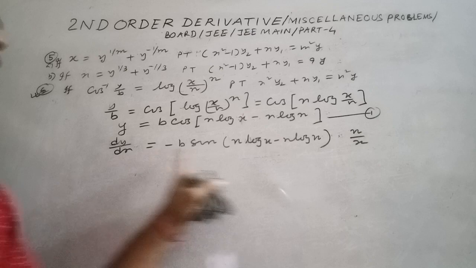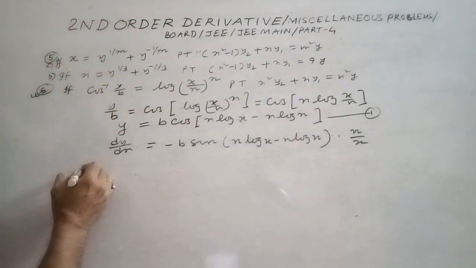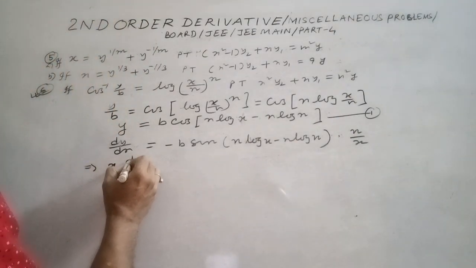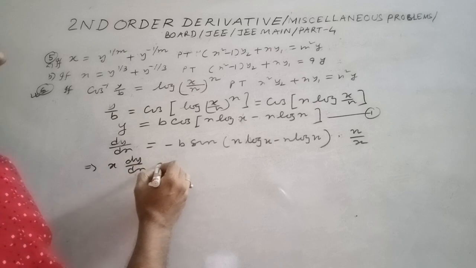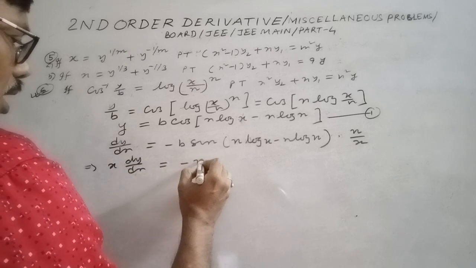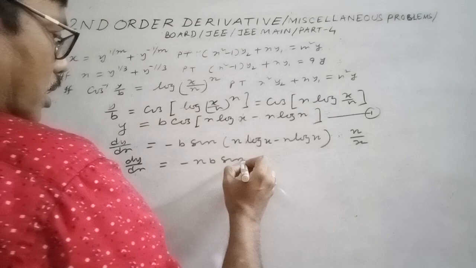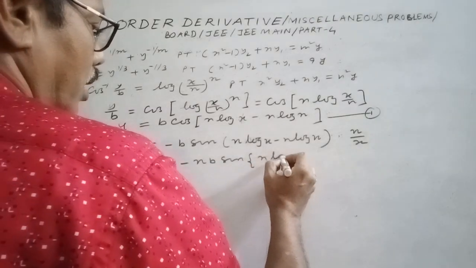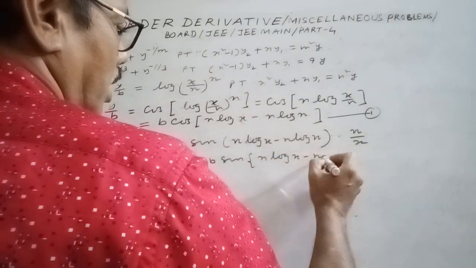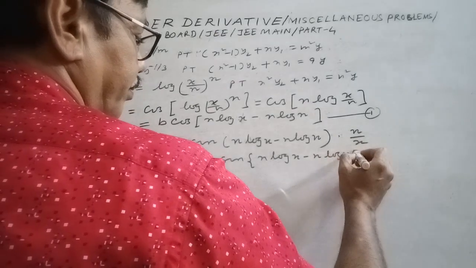Now, to avoid the denominator, x into dy by dx equals minus n b sine of (n log x minus n log n).